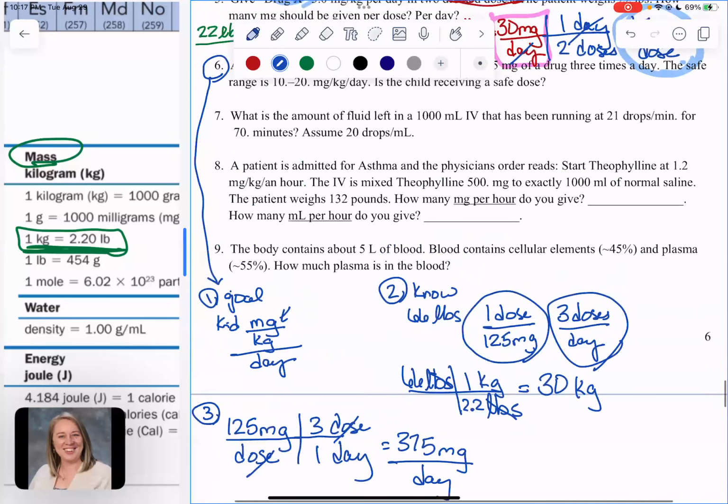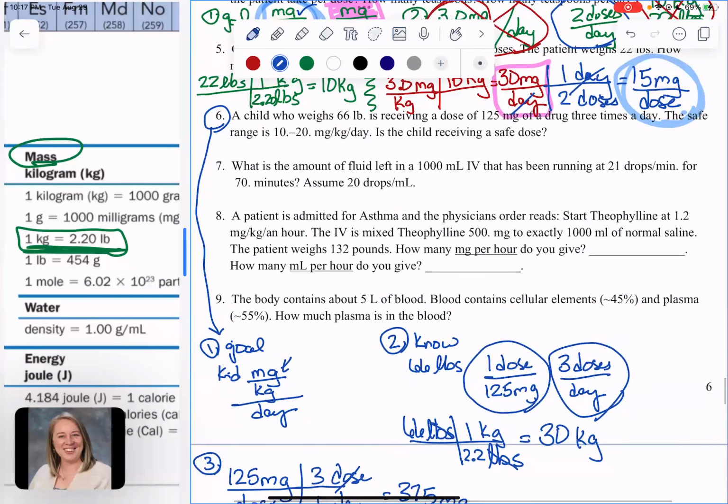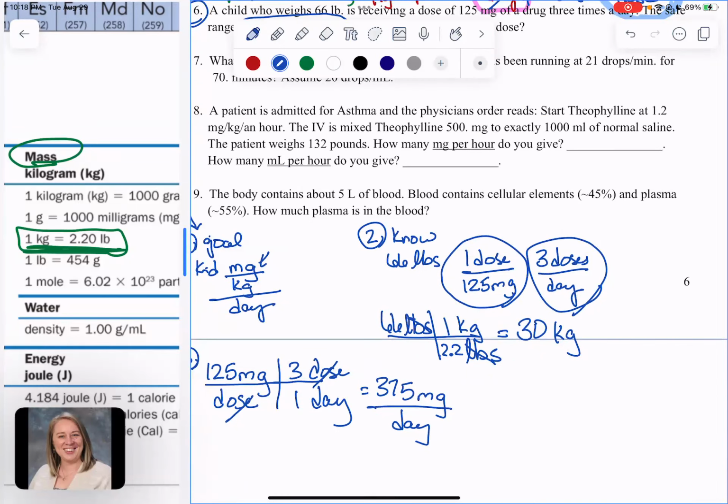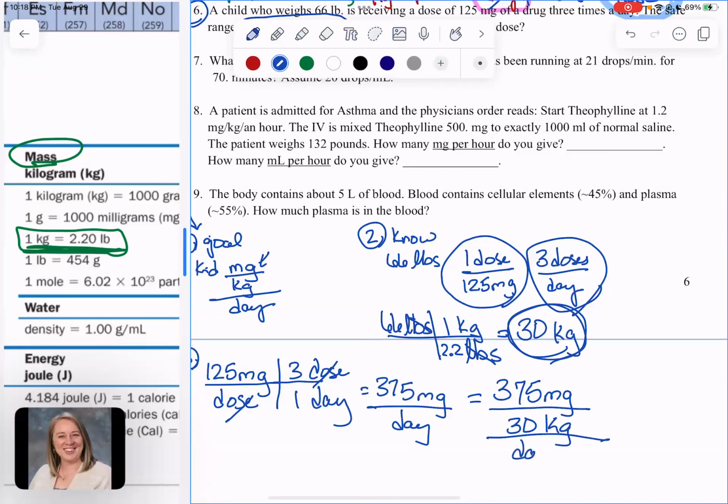But in the problem, we're only saying that we have this safe range at 10 to 20 milligrams per kilogram per day. So this is just how much they're getting per day. That doesn't tell me how much per body mass. So you have to include that 375 milligrams per their 30 kilograms, that's what we calculated, per day.